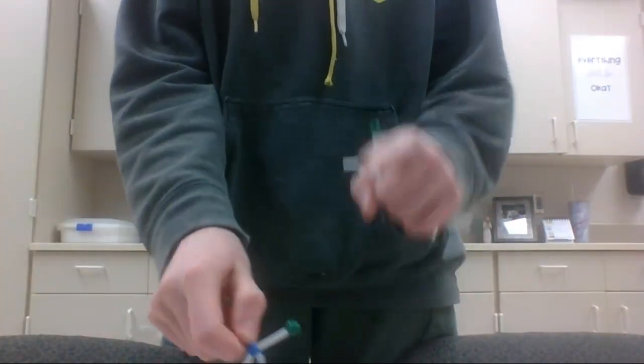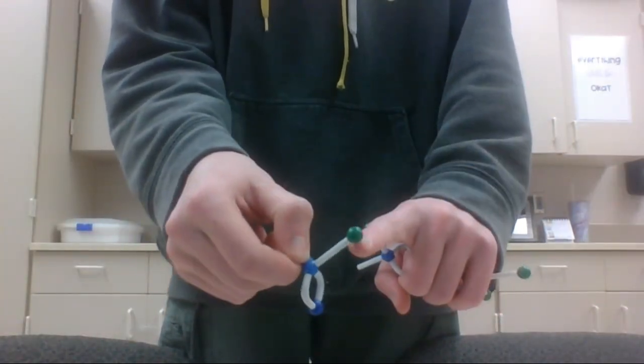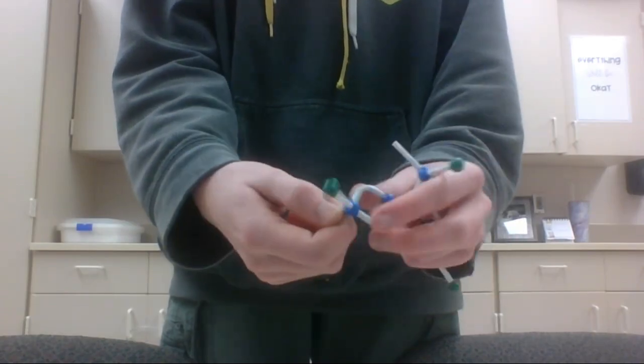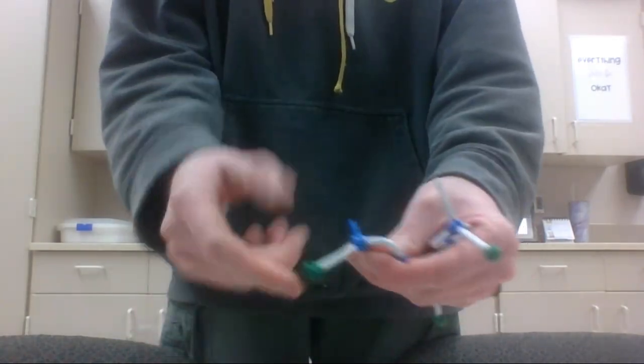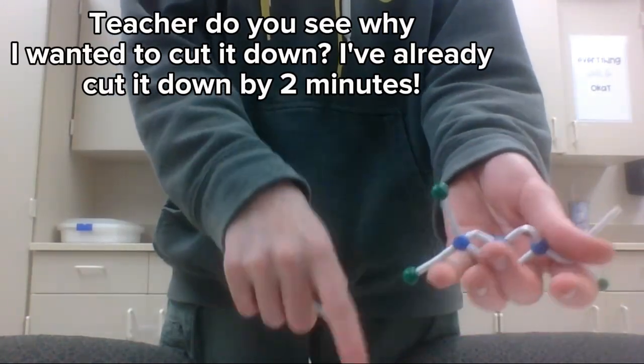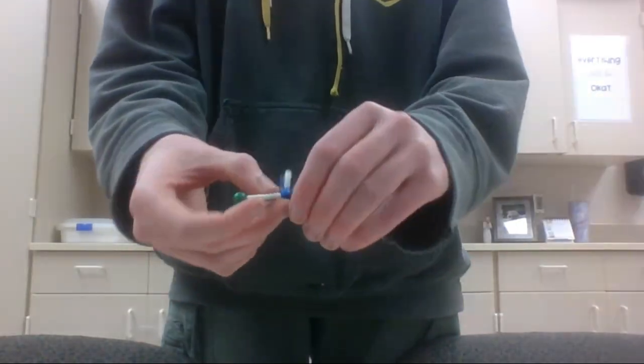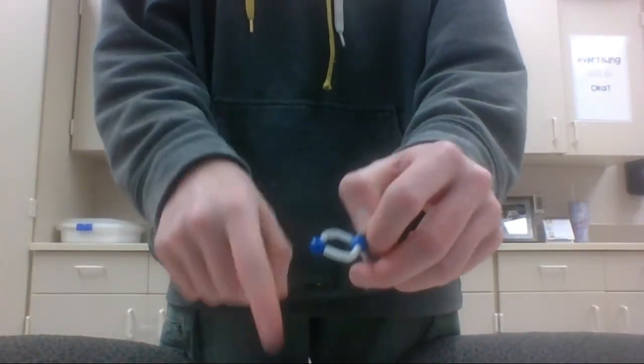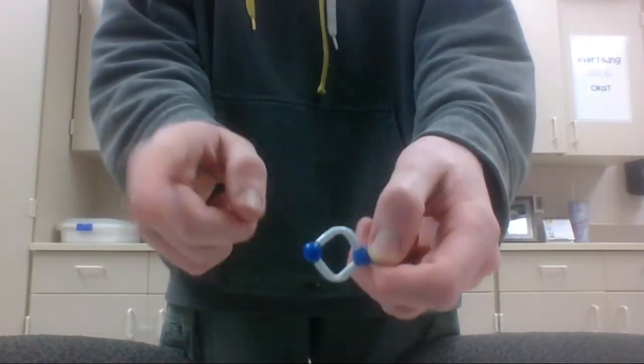The carboxyl group will always have one oxygen with a hydrogen on its own, indicated with this green one I have right here. These are all hydrogen as well, but we'll get back to that later. And then it will always have a double bond with oxygen right here. That goes for all the other ones as well, but we can get back to that some other time.